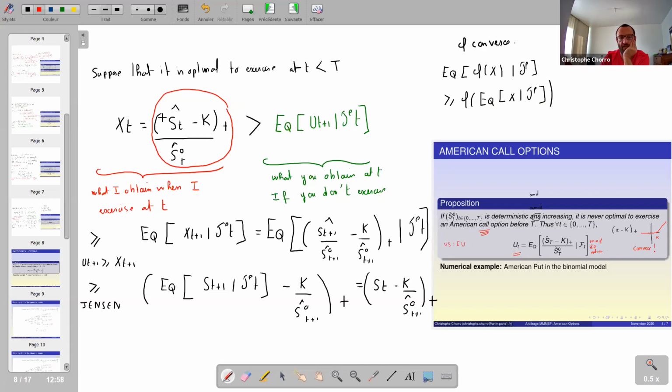At the end, I have proved that this quantity here, where I have simply S t, is greater than this one.